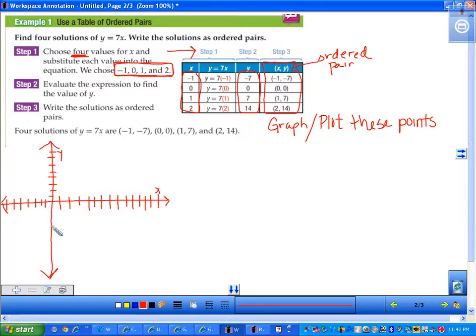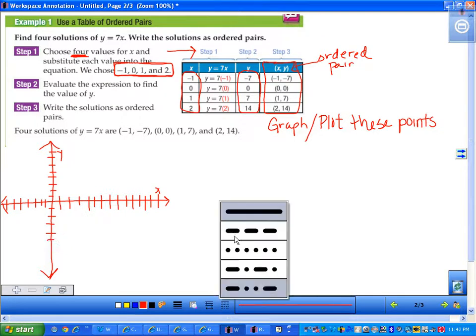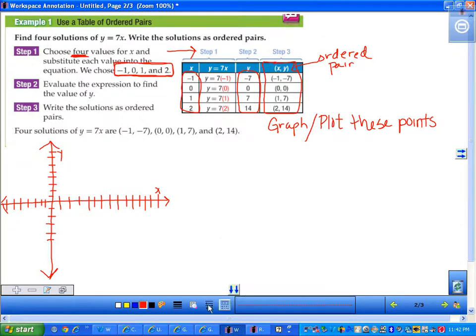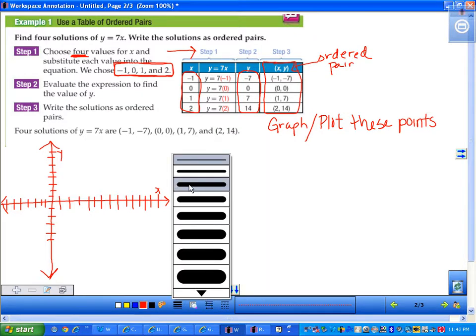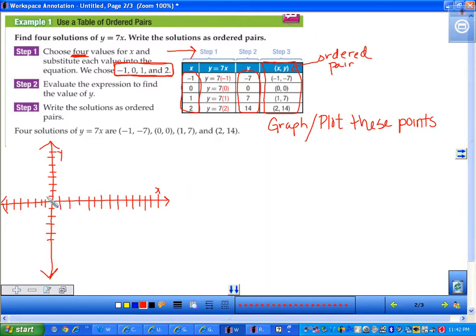I don't need any -1 here. So we're going to graph the ordered pairs from our table. So my first ordered pair is -1, -7.